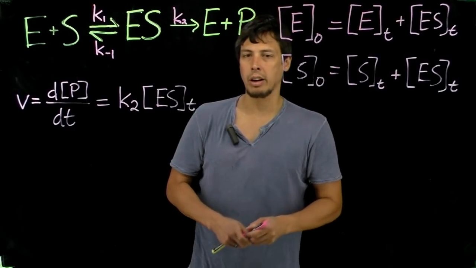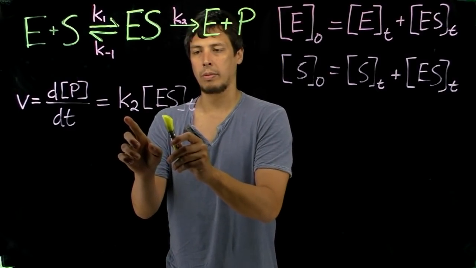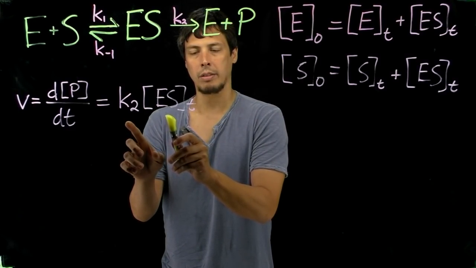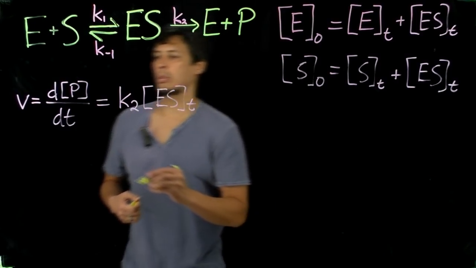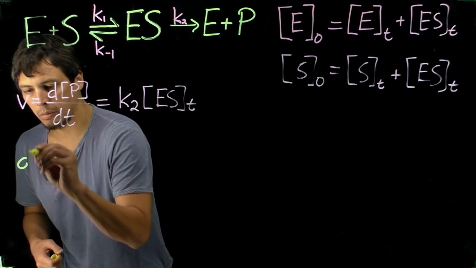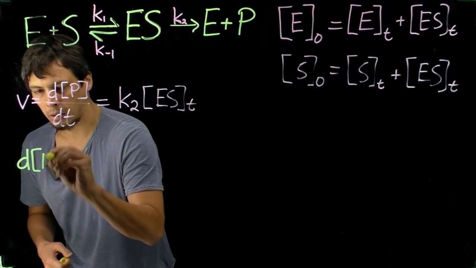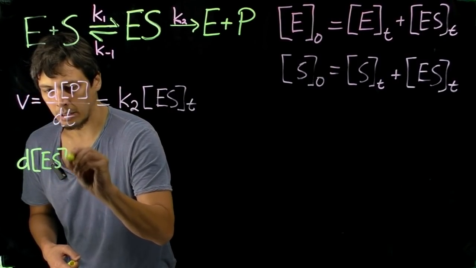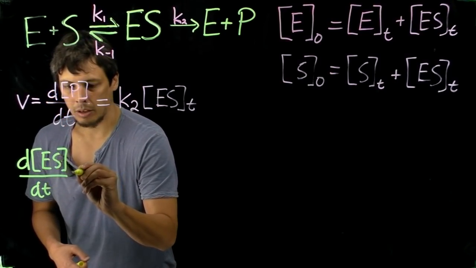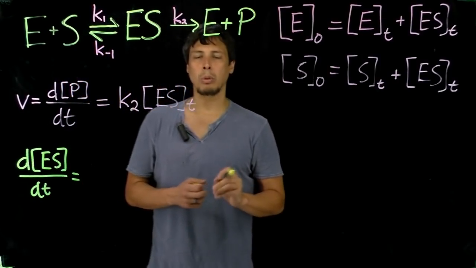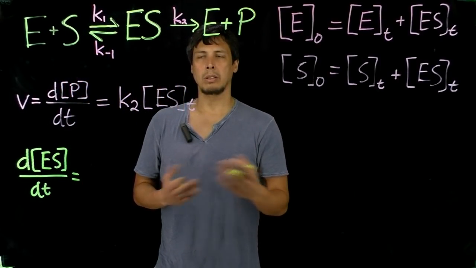So now we have to figure out the concentration of enzyme substrate complex at any given time. In order to do that, we set up d[ES]/dt, and then we look at what is forming ES and what is consuming ES.